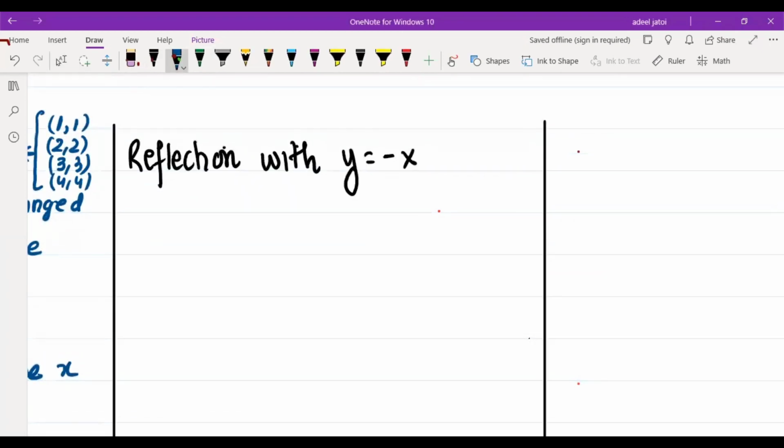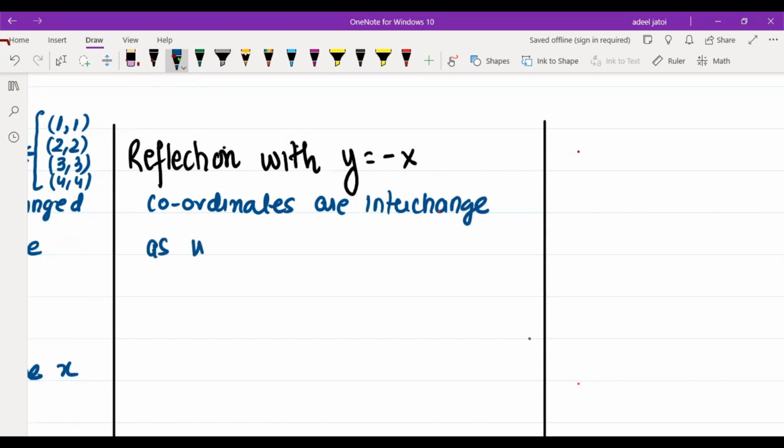Considering that y is equal to minus x, your coordinates are interchanged as well as the signs are changed.